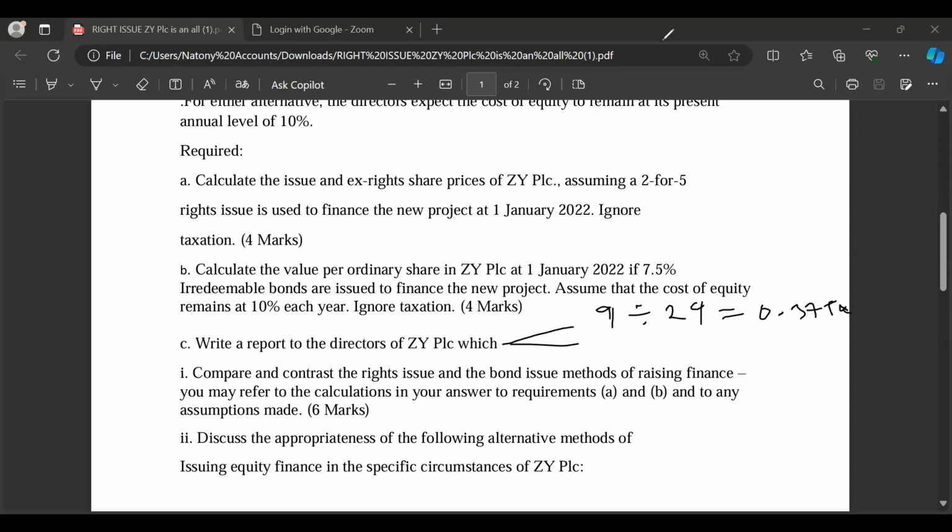Okay, what if debt finance is used? This will be 7.2 divided by 10. And what will that give?